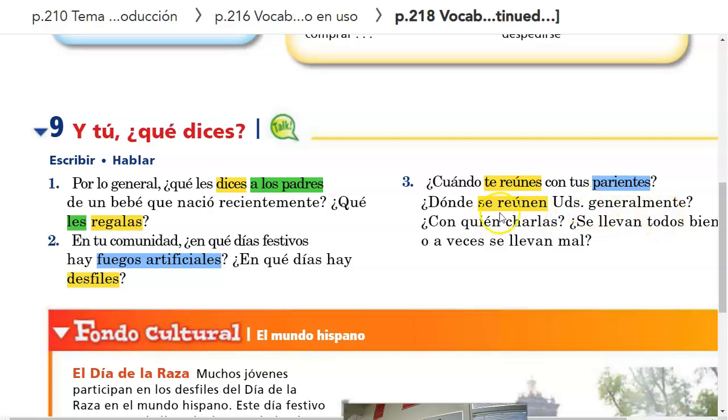Generalmente nos reunimos en casa. Nos reunimos en la casa de mis abuelos. Nos reunimos en la casa de mis tíos. O nos reunimos en un restaurante. Nos reunimos en un parque. A donde sea, ¿cierto?